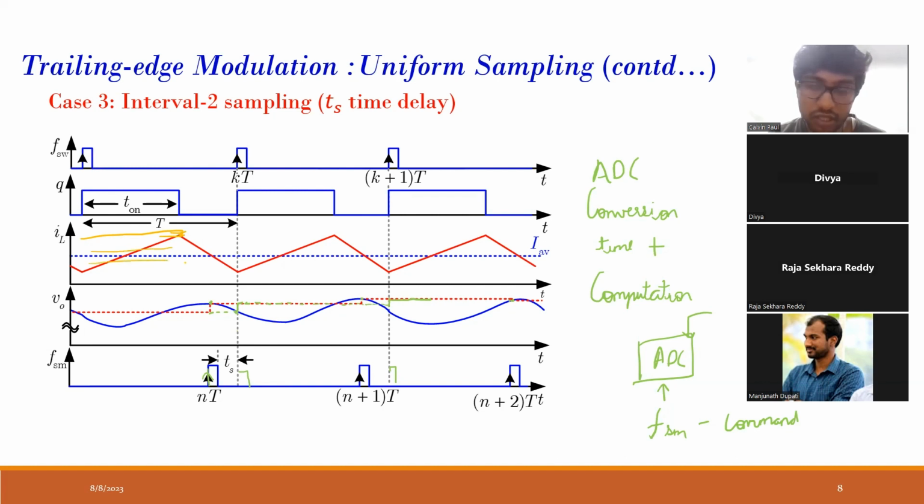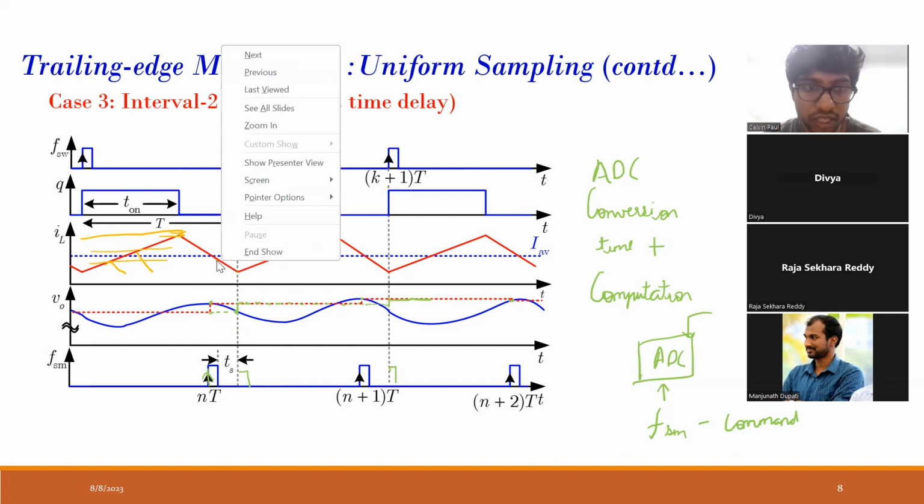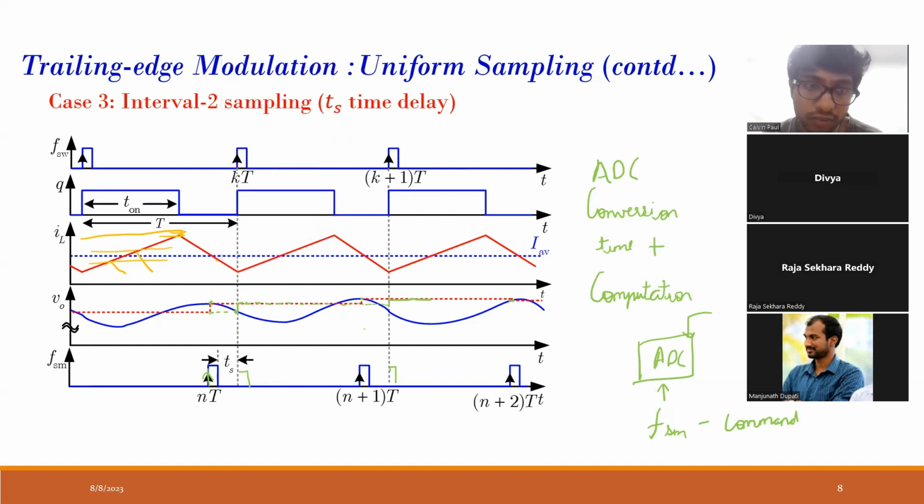Then the instant at which the switch will turn off would vary. So where exactly we should take the sample, we do not know. But in this duration, we take the sample at some particular delay, prior to it. Then we can take the sample easily. So that is why for trailing edge modulation, we do interval two sampling, and in leading edge modulation, we do interval one sampling.